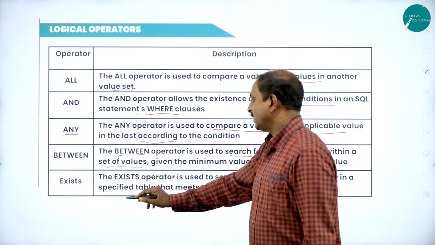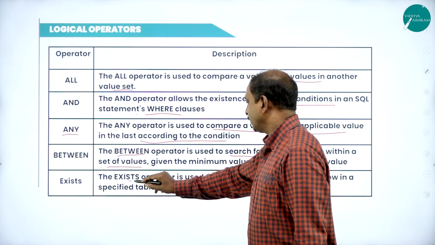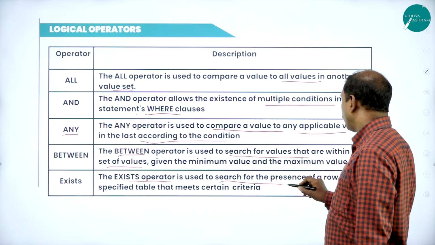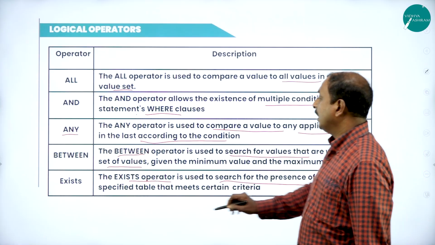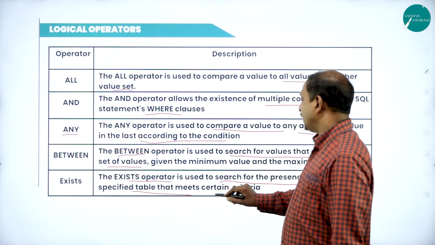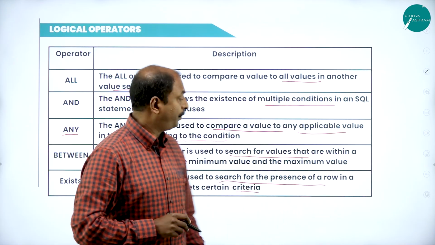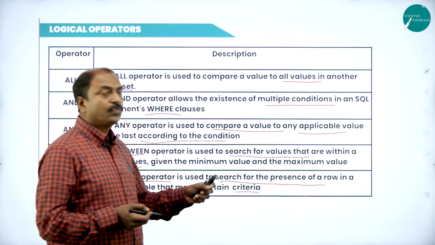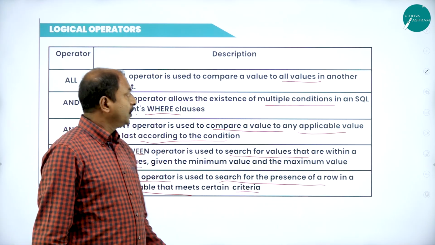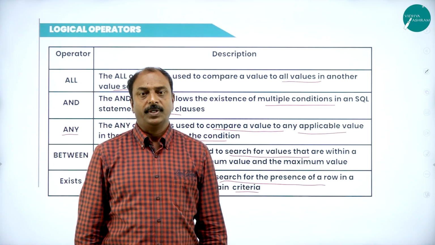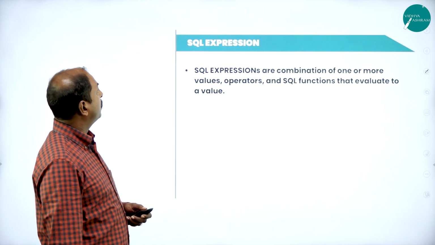And EXISTS, the EXISTS operator is used to search for the presence of a row in a specified table that meets certain criteria. So the EXISTS operator is used to search for a particular record. So these are all the different logical operators of SQL. Now let us move on to the next slide.